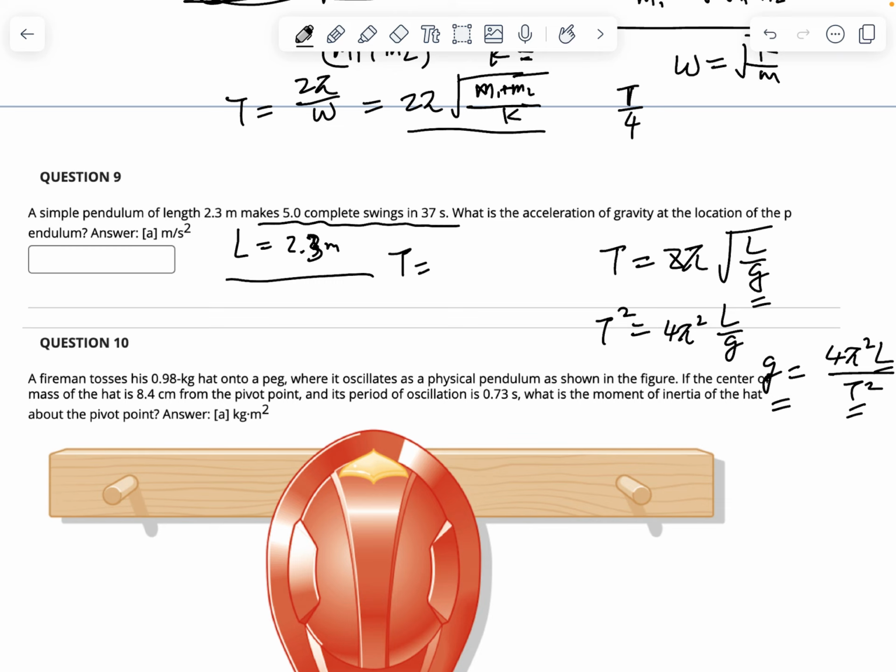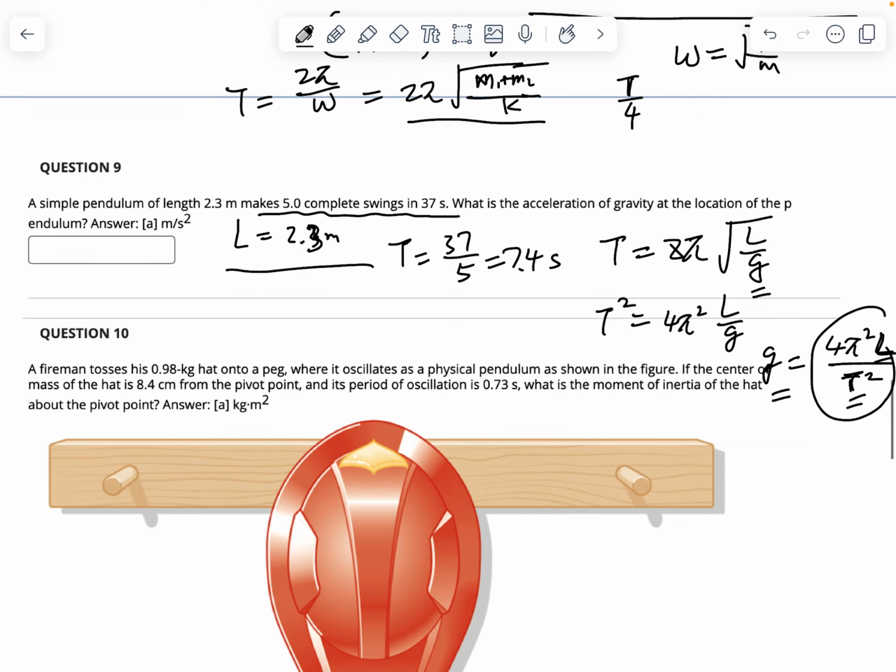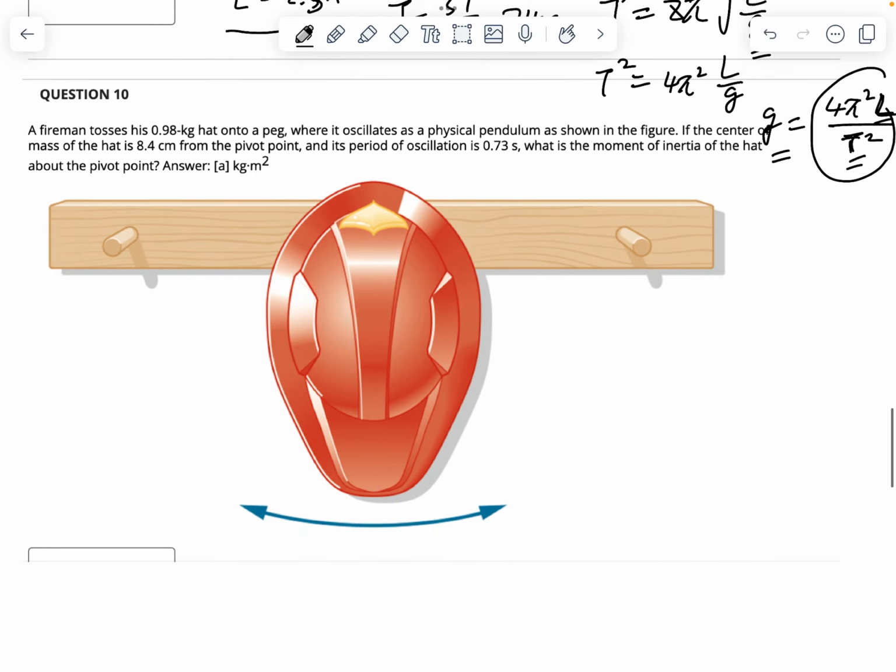So 50 swings is 37 seconds, so one swing is the period, which is 0.74 seconds. Then you plug in the period and the length here, and you get the gravitational acceleration at that location. Okay.